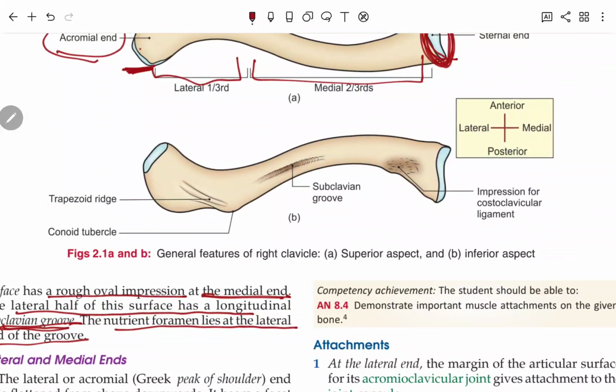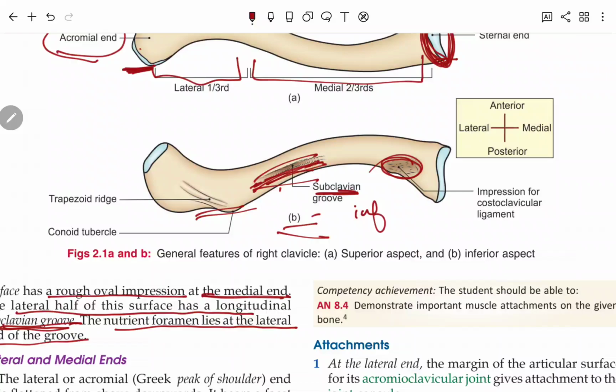Again, the direction is changed so that all the landmarks are present on the inferior surface. We need to remember that. This is the impression for the costoclavicular ligament, which is important for weight transfer. This is the subclavian groove. Sub means inferior, below the clavicle means the inferior aspect of the clavicle.